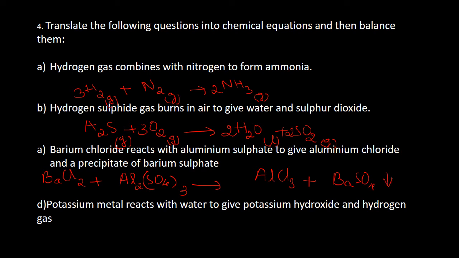Barium sulfate is a precipitate. You can mention it either with the downward arrow or with S. And aluminum chloride is a solution. So AQ, aluminum sulfate is a solution AQ, and barium chloride is a solution AQ. Now balance it. How to balance? Al2(SO4)3. So 2AlCl3, you have to mention it here.